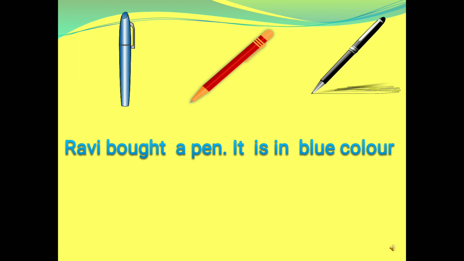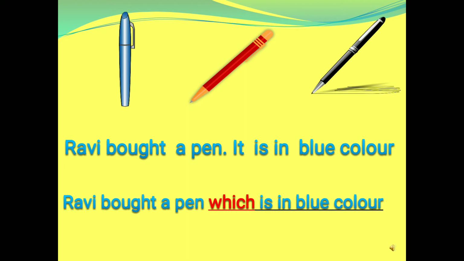If you take only the first sentence, it has full meaning. Ravi bought a pen. If you take the second sentence, it is also giving full meaning. It is in blue color. So these two sentences independently give their own meaning. Now we can combine these two independent sentences into a single sentence like this: Ravi bought a pen which is in blue color.